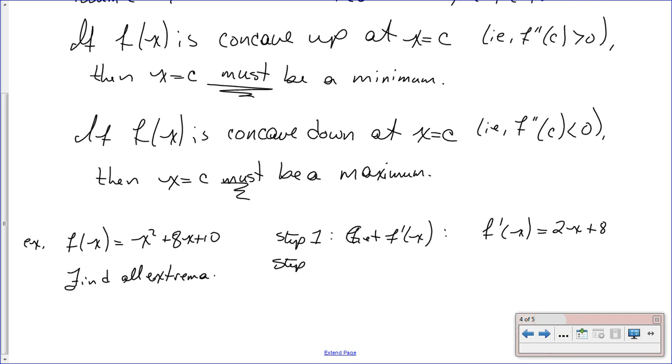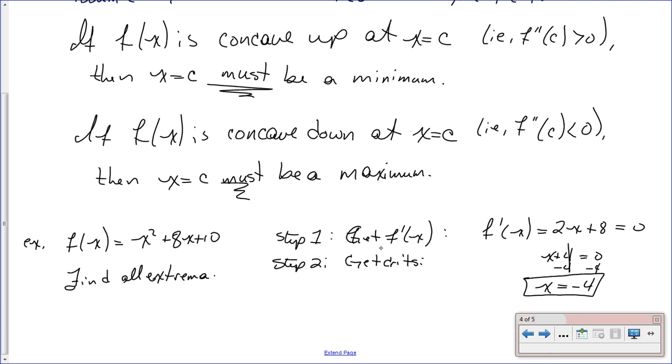Step two, we need to get the criticals. There's no does not exist case, so set this equal to 0 and solve. You can divide the whole thing by 2 and get x plus 4 equals 0. Subtract the 4, so x equals negative 4. So there we have our critical point.